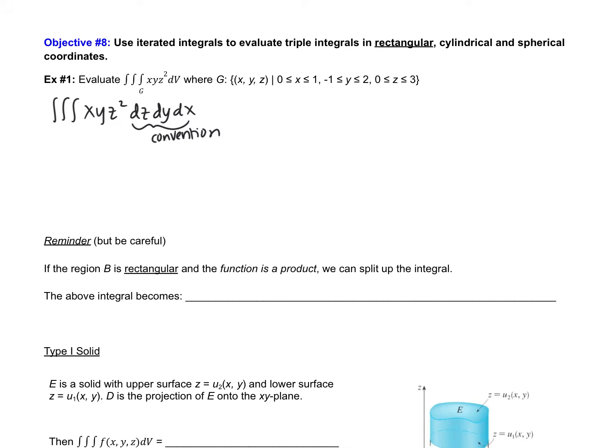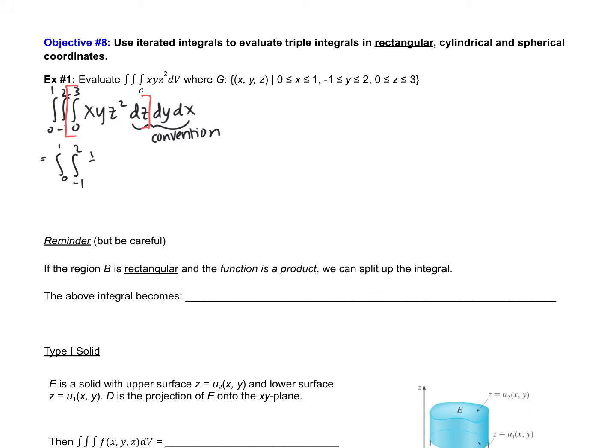So our z goes from 0 to 3, our y goes from -1 to 2, and our x goes from 0 to 1. Okay, and then we're integrating this exactly the same as we did before. We're going to integrate with respect to z first, which means that x and y are just constants. So these integrals are going to remain the same.